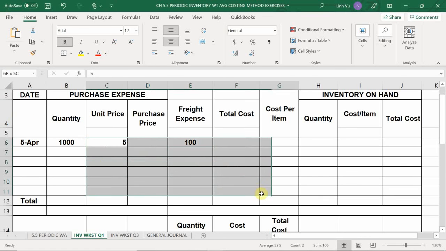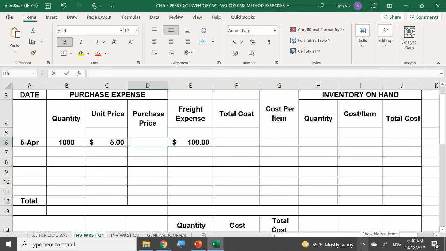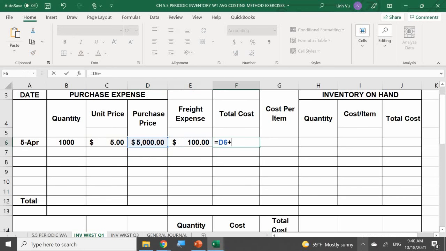So what is going to be my purchase price? 5,000. Good. Plus $100 gives me a total cost of 5,100.